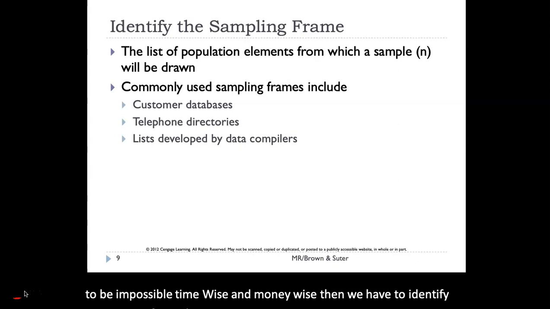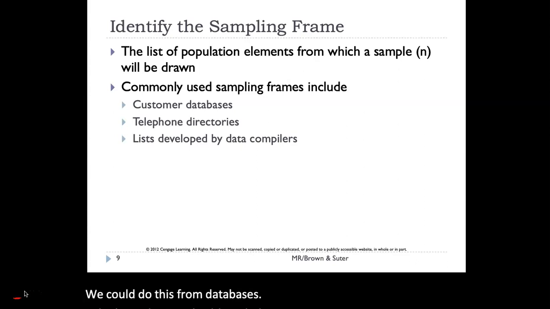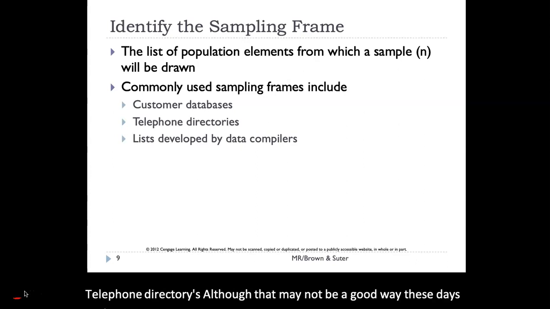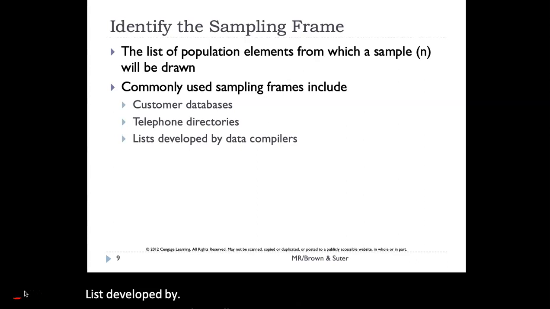In other words, we have to find out, how can we identify people to put in the sample? Now, we could do this from databases, telephone directories, although that may not be a good way these days to do it because the telephone directories are outdated. Lists developed by certain companies that will give us this type of database.